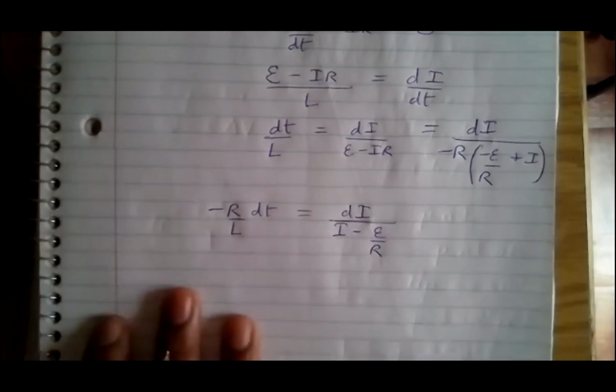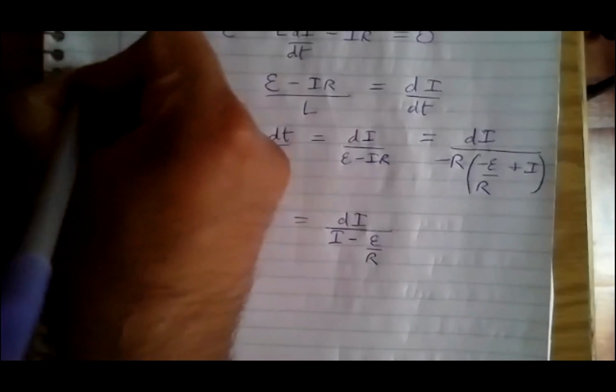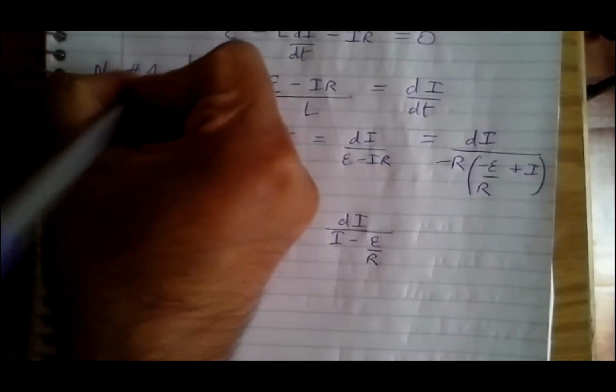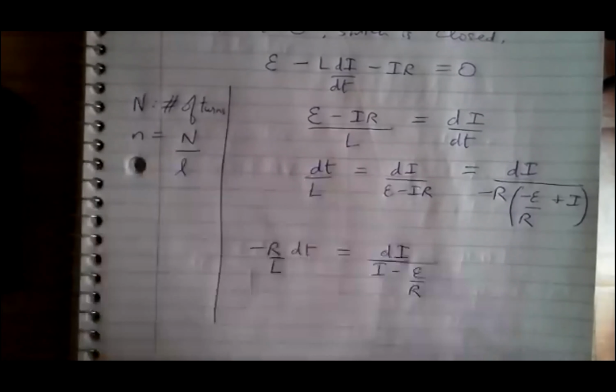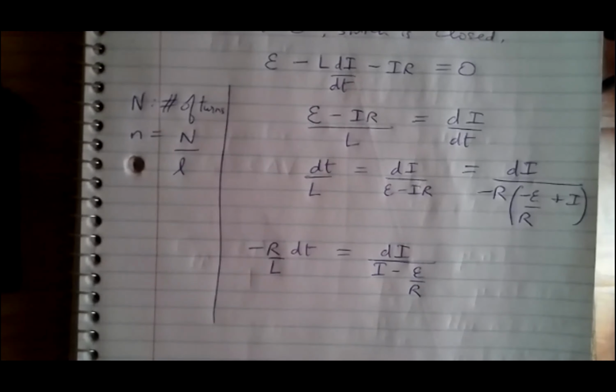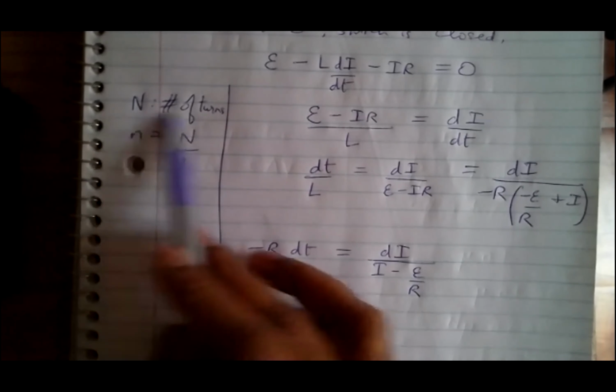So big N is the number of turns. Little n is big N over the length of, say, the solenoid. So it's the number of turns per unit length. Big N is just a pure number.